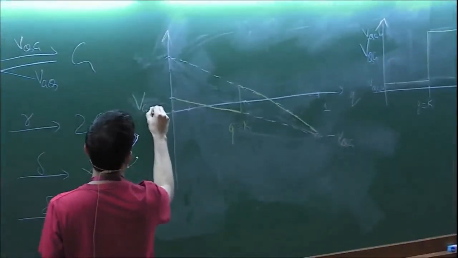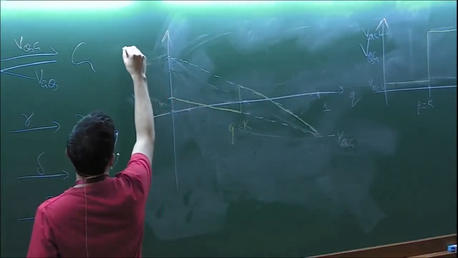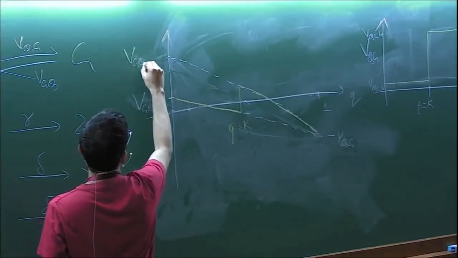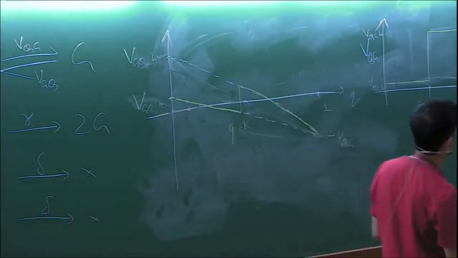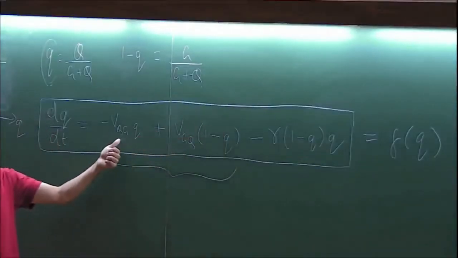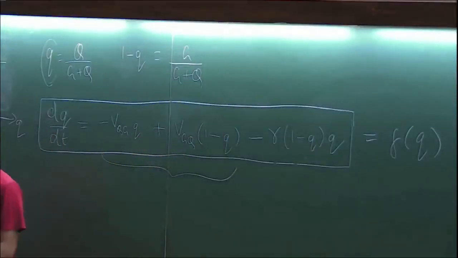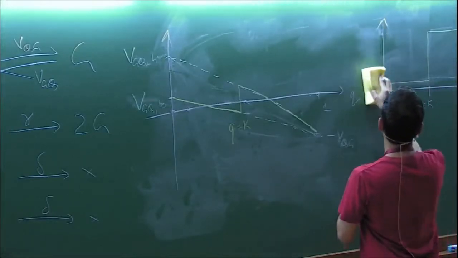This is VGQ, some particular value, which I'll call low, and this is VGQ high. And this is VQG. And that makes sense because at Q equals 1, this term vanishes and this term remains. So what we are trying to change here, therefore I have to change all of this.